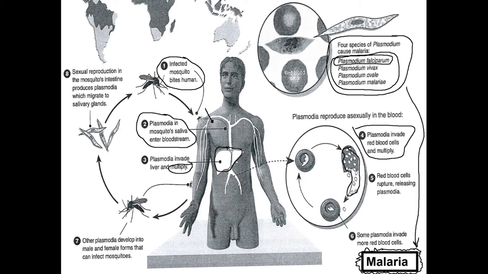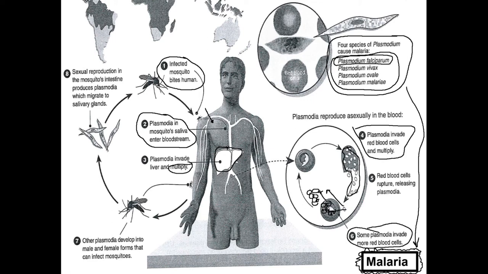You can imagine that red blood cells bursting causes problems with lethargy and delivery of oxygen, for example, because, as it says here, more plasmodia invade other erythrocytes, and the same thing happens. They replicate, burst, and that carries on. So plasmodium in the blood starts rising because they replicate inside the blood.